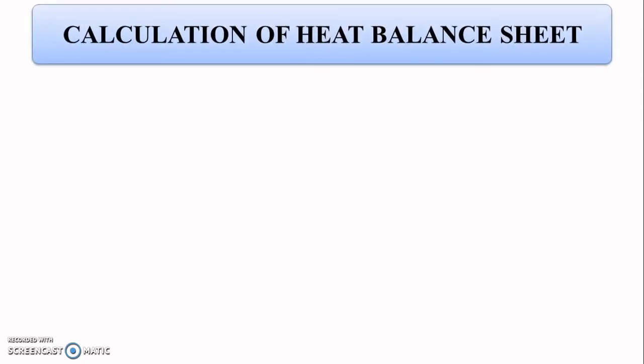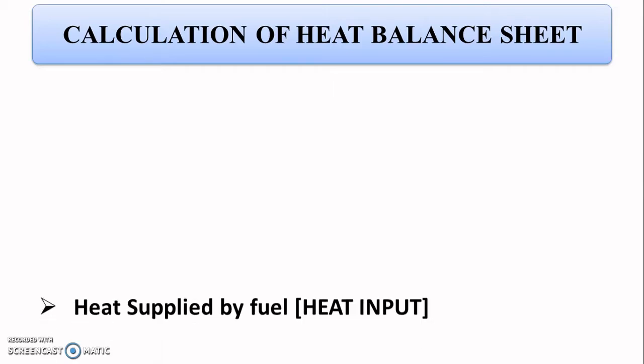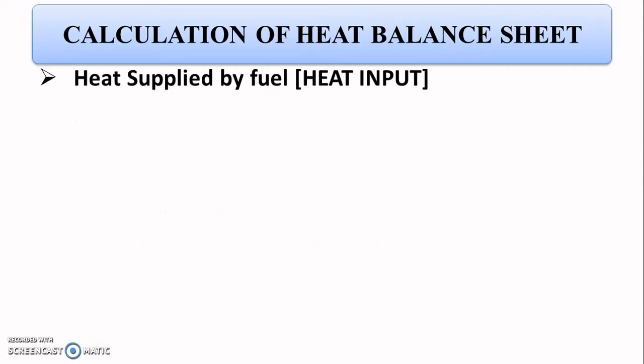So dear students, now how the heat balance sheet will get prepared? Calculation of the heat balance sheet. To prepare the heat balance sheet, first of all, we have to calculate the heat supplied by fuel, means heat input.